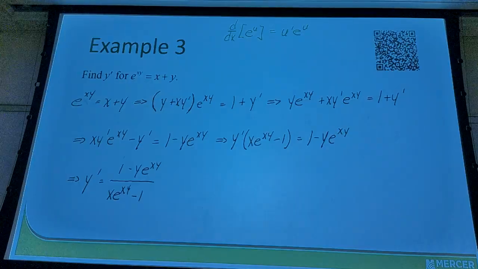You would do subtraction. Yes, subtraction. I guess I'm the only one who this irritates. It's not symmetric. 1 minus y e to the xy versus e to the xy minus 1. You can make it symmetric, but unfortunately that would be a negative sign out front.